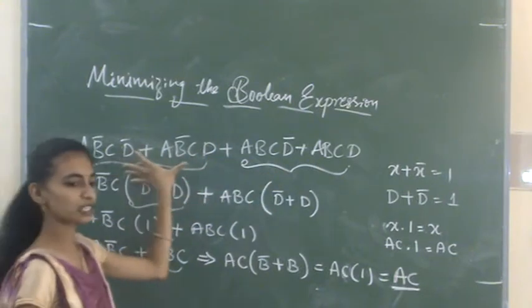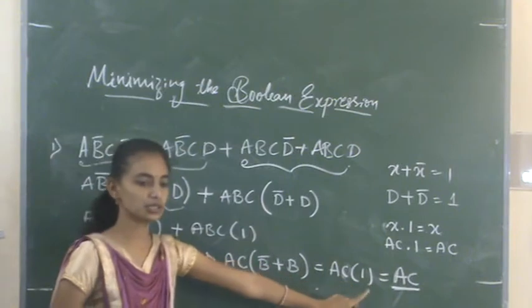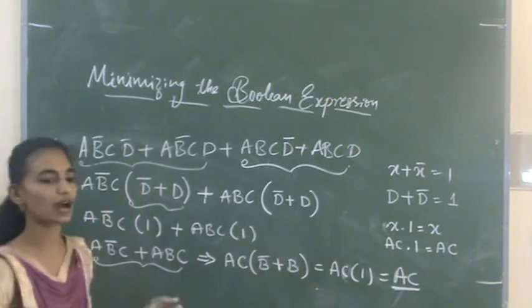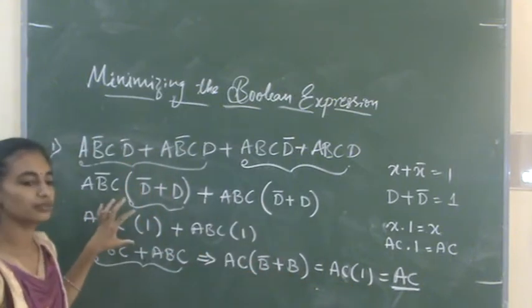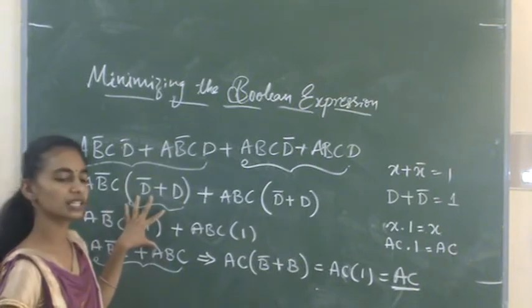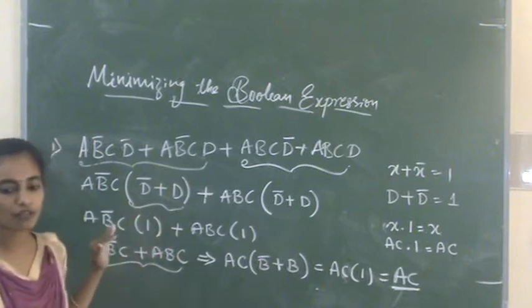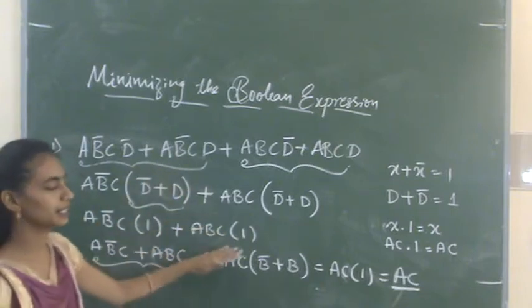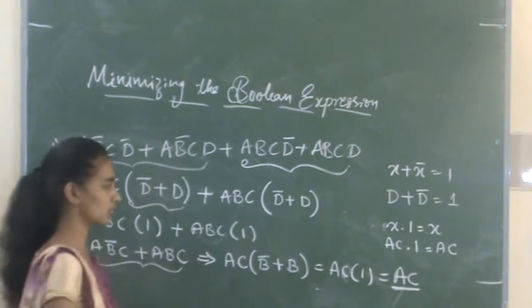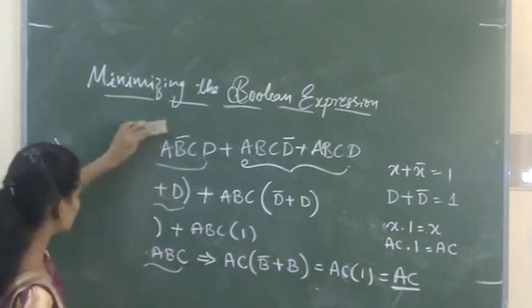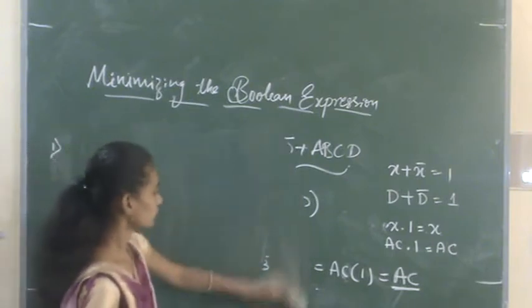So this big expression is reduced to this small expression. Like this we have to reduce. Which method are we using here? We are using the algebraic method. So with the help of the algebraic method, we are reducing the Boolean expression. So we will try another two more problems.